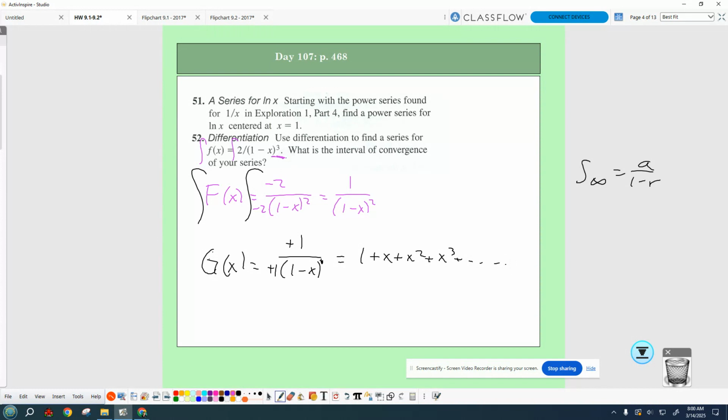Well, I did the integration to go this way, so what do I need to do the derivative? So the derivative of this, and then I need to go one step further and do the derivative again.